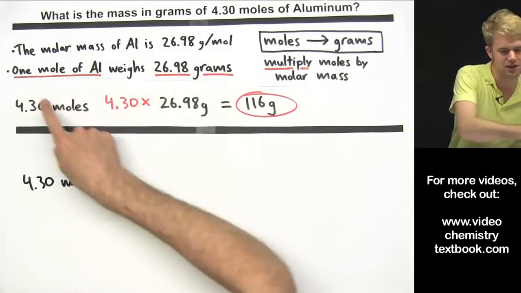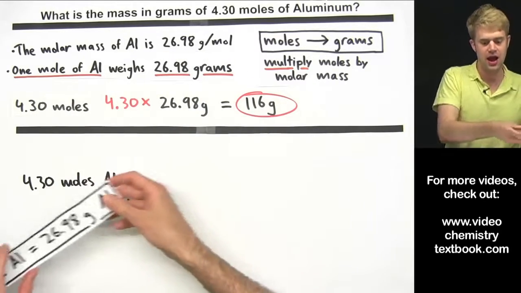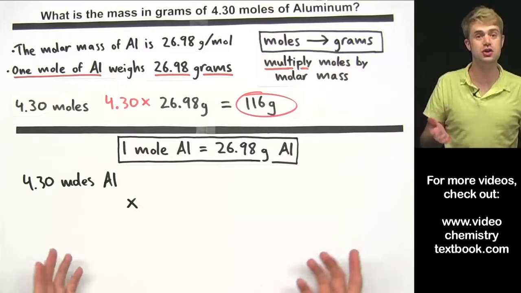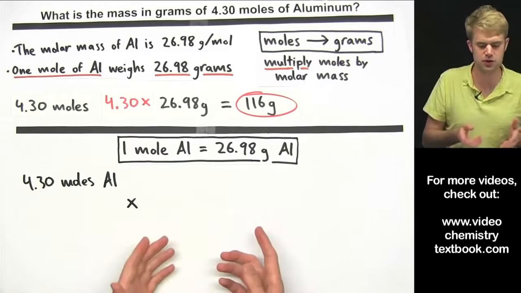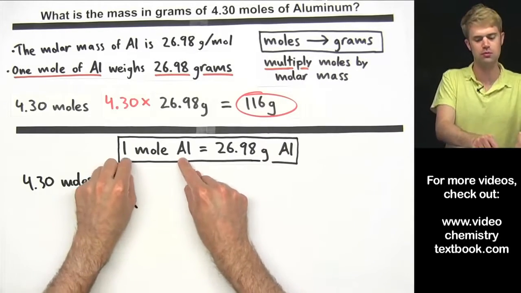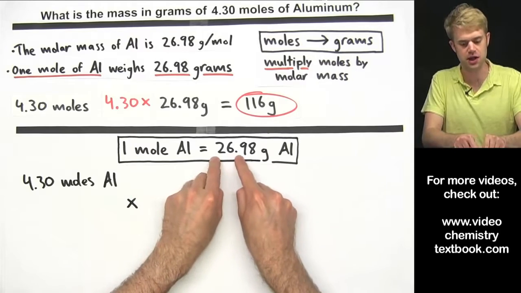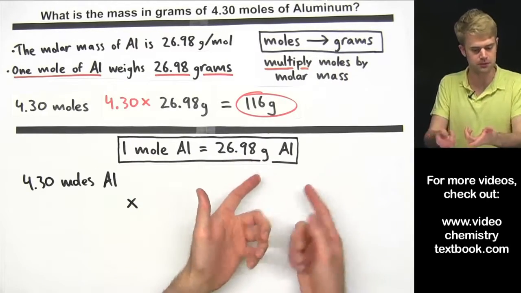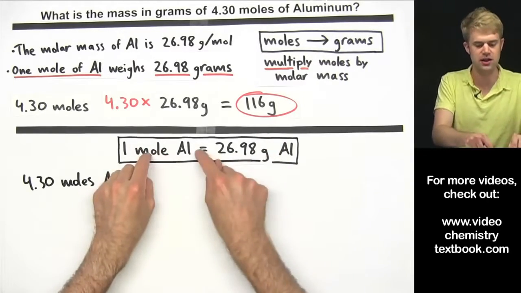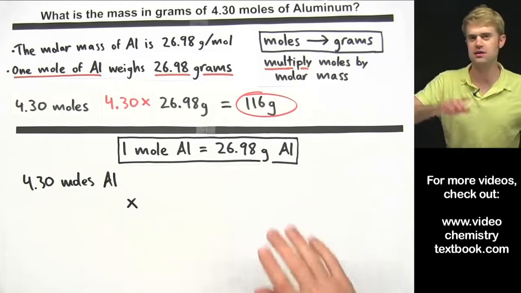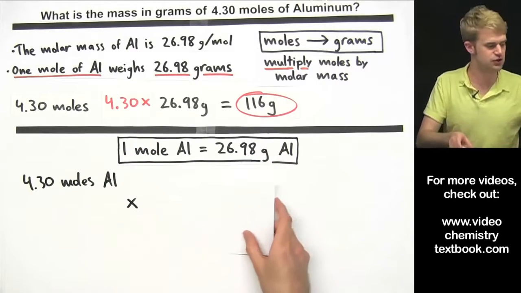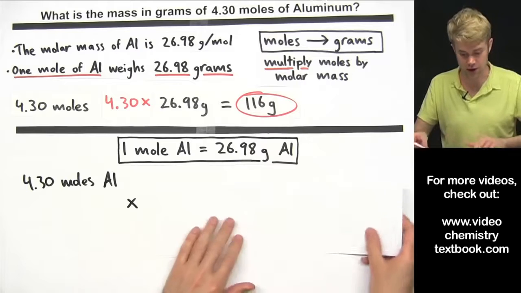So I can take this information about the molar mass and write it as an equation, as a relationship, which is basically saying that if we have 1 mole of aluminum, that means we have 26.98 grams of aluminum. Check it out. We have the equal sign and something on either side.